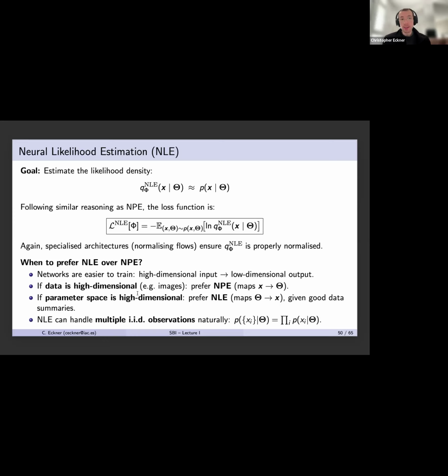While neural likelihood estimation is also not such a bad idea if, for example, you have multiple observations that go into it, because this would easily factor in. Because you only condition here on the parameters, this naturally can include the fact that you have different observations that all underlie the same parameter set. So this might be an interesting application there. But then conceptually, nothing really changes.